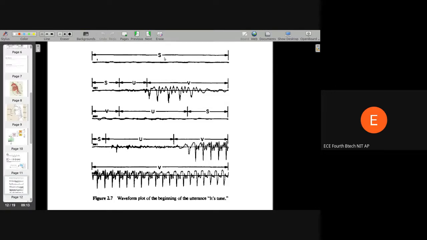Unvoiced are those speech sounds where there is no vocal fold vibration. This is also called classification based on phonation. It means your vocal cords vibrated or did not vibrate. Voiced, unvoiced.